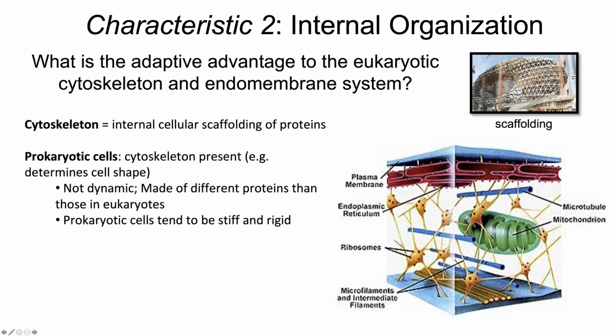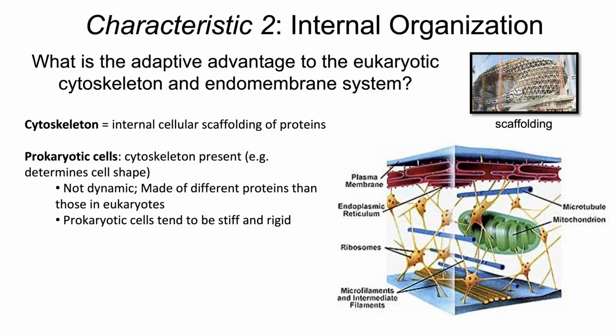And if we look at prokaryotic cells, believe it or not, prokaryotic cells do actually have a cytoskeleton, and that helps determine the shape of a prokaryotic cell. But that cytoskeleton in prokaryotic cells is not dynamic. Remember, dynamic means it can move around. The opposite of dynamic would be static, or sit still, doesn't move. So prokaryotic cells have a static, non-moving cytoskeleton that's made up of different proteins than those that make up the cytoskeleton in eukaryotes.